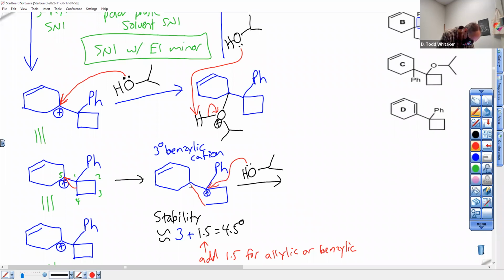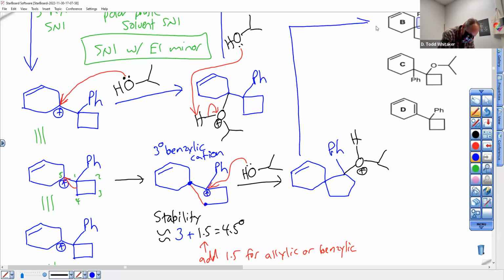Let's put some dots here just so you know there's a carbon there and a carbon there. This is looking a lot like B. I'll draw it a little nicer. How do I make that into B? Well, same way I did before, right?